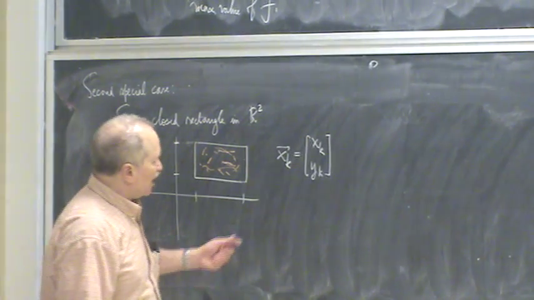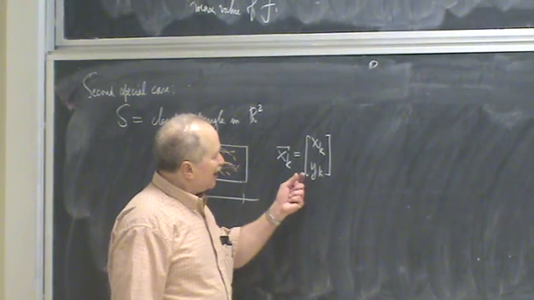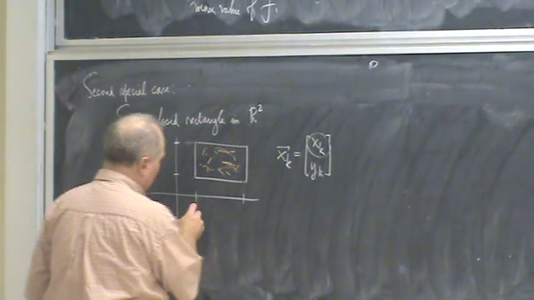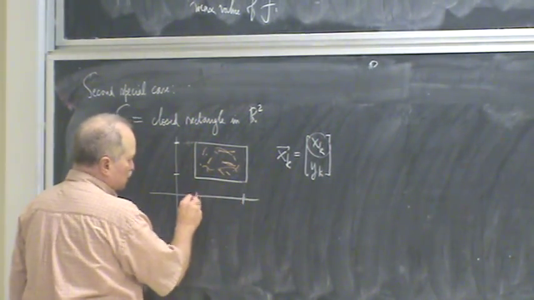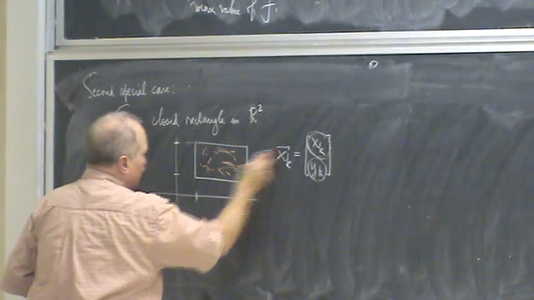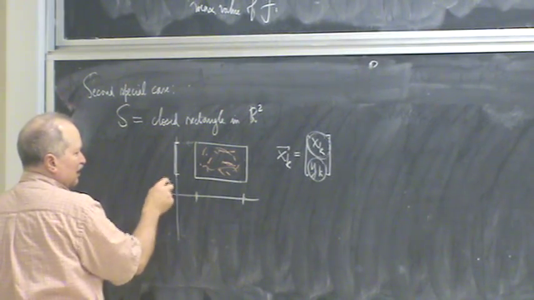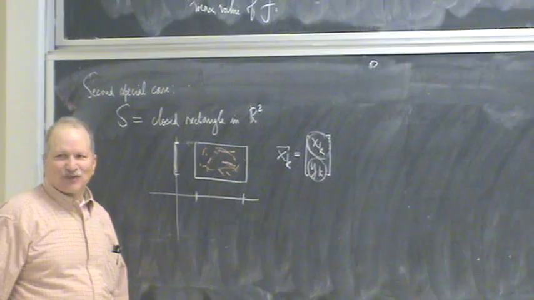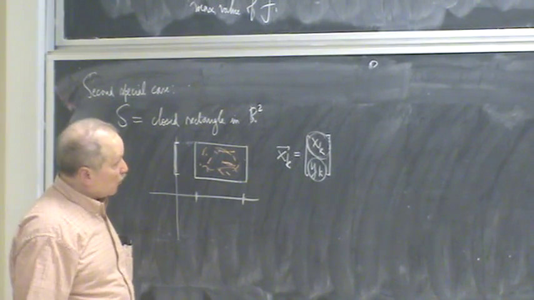Trying the obvious thing here, you could say, well, here's a sequence of real numbers in the closed interval. It has a convergent subsequence. Take it. Here's a sequence of numbers in this interval. It has a convergent subsequence. Take it. What could go wrong?